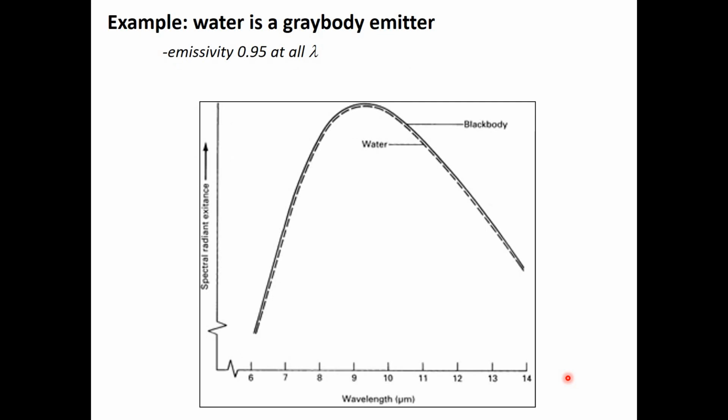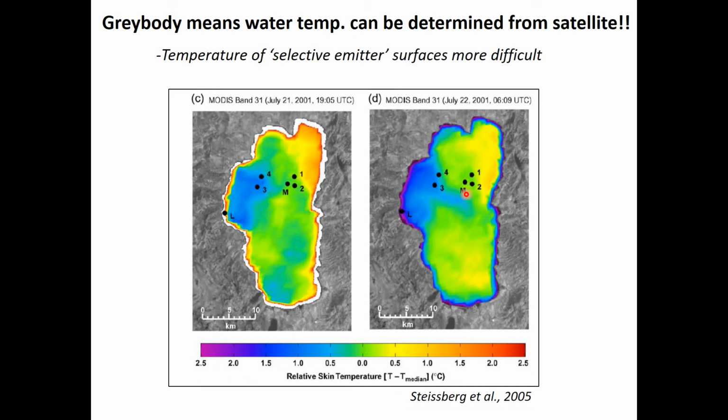The world's greatest example of a gray body is water. Water's a perfect gray body. It essentially has an emissivity of 0.95 at all wavelengths. So whatever wavelength you choose, water's emitting roughly 95% of the radiation that it would be if it was a black body. So it perfectly mimics the black body curve here. And that's a huge deal.